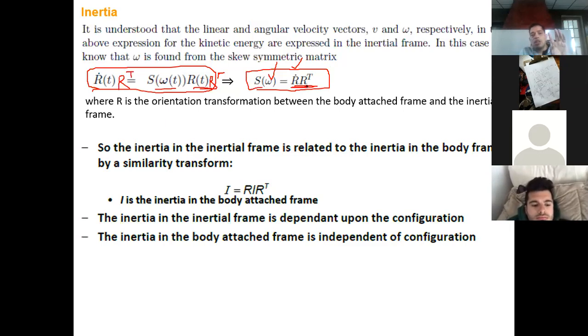How do you convert one inertia to the other? If you are given the inertia in the body frame, how do you convert that inertia to the base frame? That's what I'm asking.